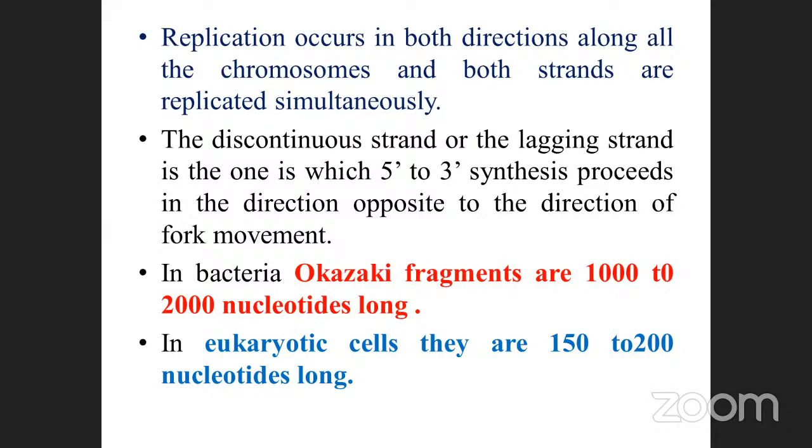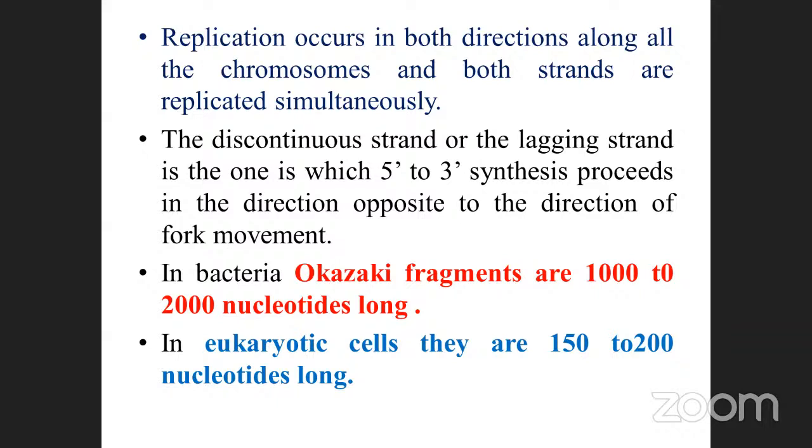The Okazaki fragments means the discontinuous fragments. How many nucleotides? 1000 to 2000 nucleotides long, mostly found in prokaryotes. In eukaryotic cells, they are only 150 to 200 nucleotides long. So this is also a difference between prokaryotes and eukaryotes.